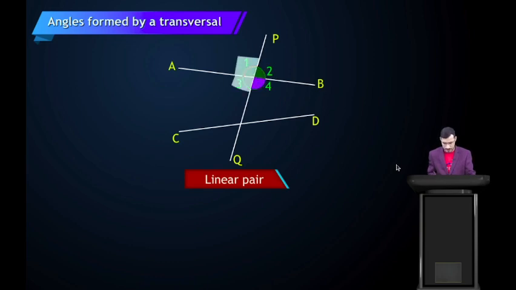Linear pair means the sum of the angles in a linear pair is 180 degrees. So 5 and 6 are a linear pair, 5 and 7 are a linear pair, 7 and 8 are linear pairs, and 6 and 8 are also a linear pair here.